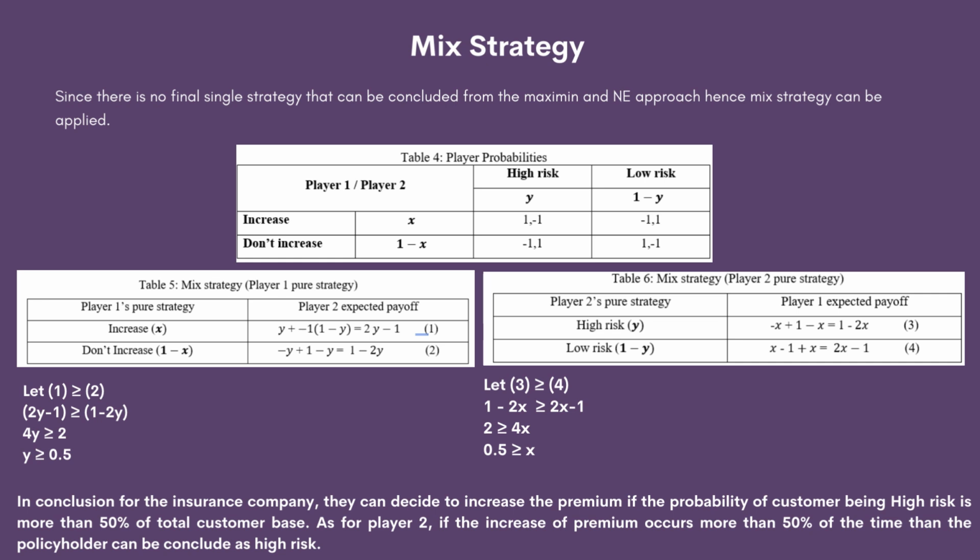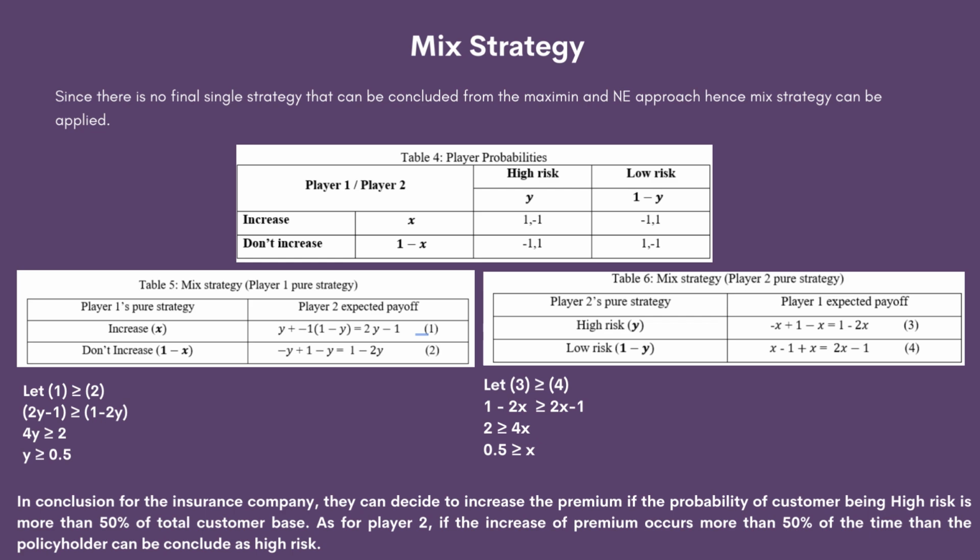When player one decides to increase the premium, the expected payoff should be bigger than when not increasing. Solving this inequality gives y bigger than or equal to 0.5. Similarly for player two, looking into player two's pure strategies and player one's expected payoff, x is less than or equal to 0.5.